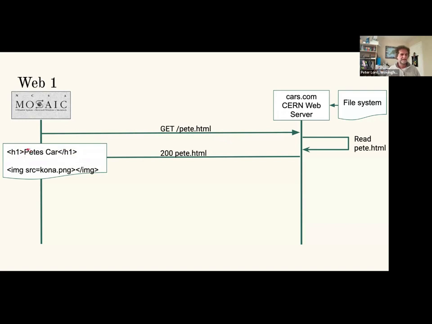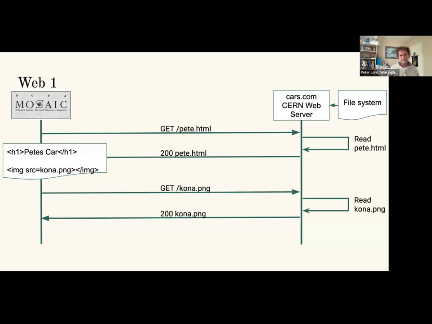So in this case, we've got the text Pete's car, which is heading 1, so nice big and bold at the top. And we've got a further link in here, a reference to an image. That's telling the browser that you need to get that image in a second request to the server.